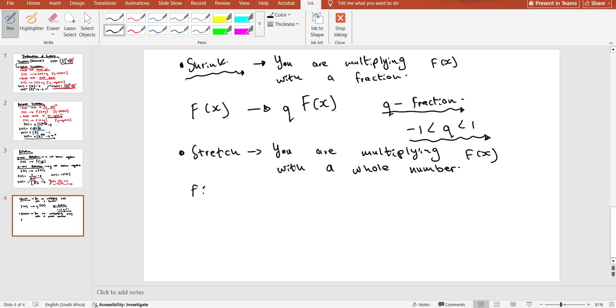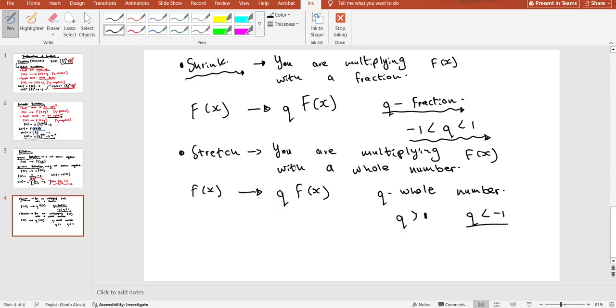So f of x will look like that, but when it's changed, it's being multiplied by this q, and that q is particularly a whole number in this case. What is the difference between a shrink and a stretch? It is the value of the q. If this q is greater than 1, or if this q is less than -1, if it's in one of those ranges, then it will definitely be a stretch.